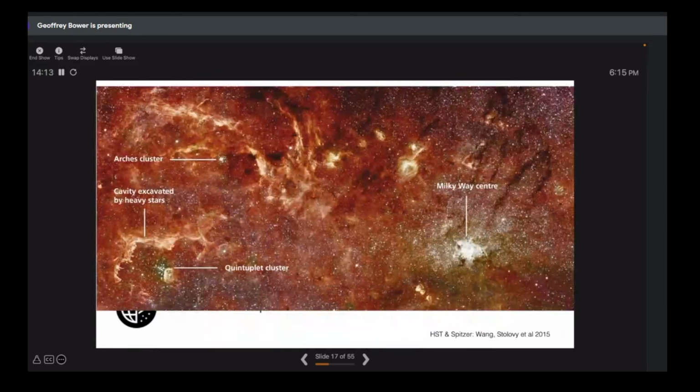So before I move on to talking about the Galactic Center in detail, this is normally where I would say something about the observational challenges and techniques associated with this.